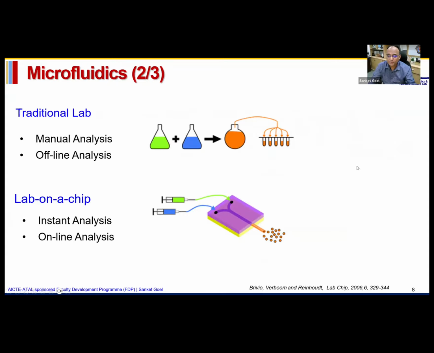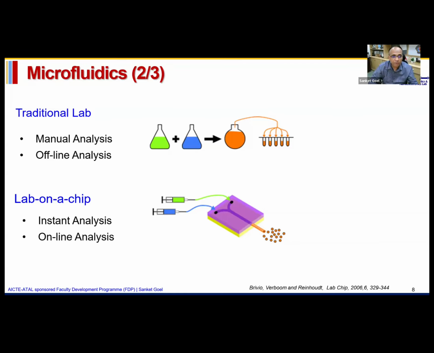I'm sure you must have seen that these aliquots or this mixing depends on many factors. It depends on how you take them in your hand, how you mix them, how you roll it out, how you create the aliquots. So the entire process is completely manual, and the analysis is also offline. And certainly they cannot be perfect.